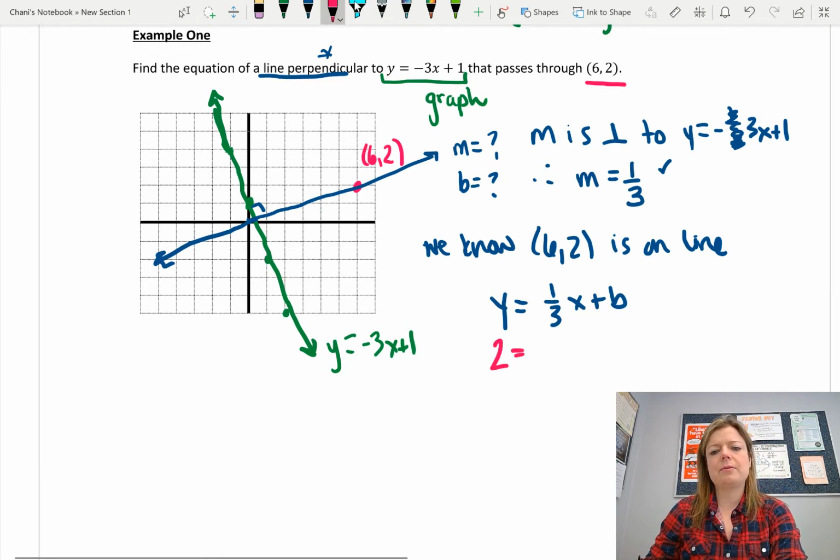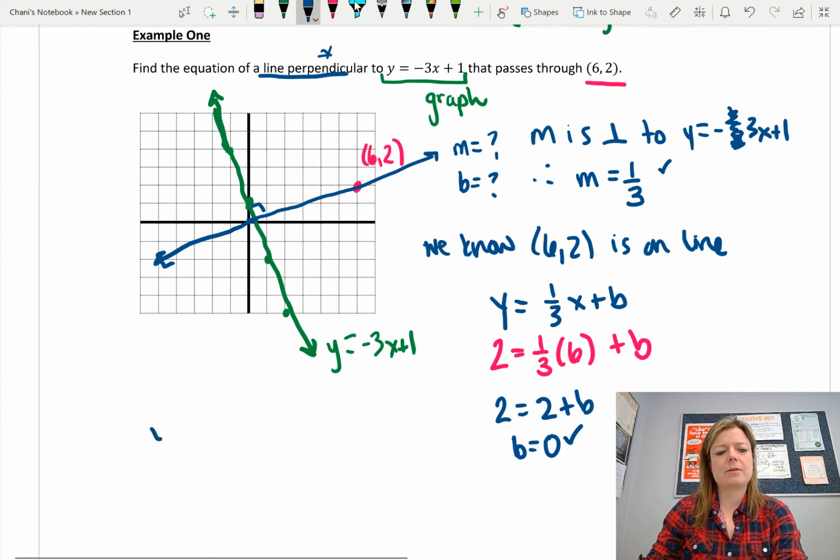So 2 equals 1/3 of 6 plus b. 1/3 of 6 is 2. So now we subtract 2 from both sides, and we get that b equals 0, which again looks right. It looks like my origin is 0. So my equation is y equals 1/3 x.